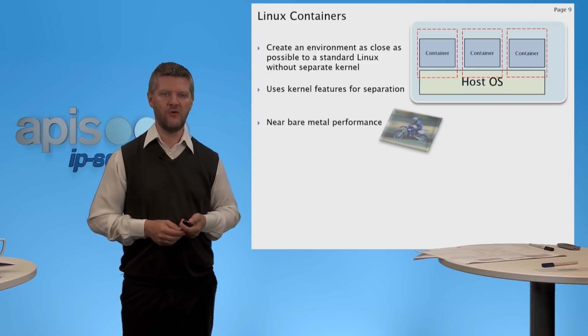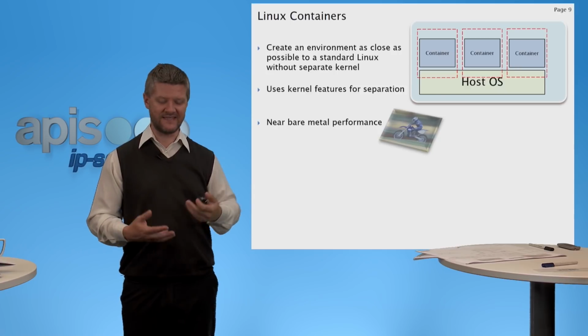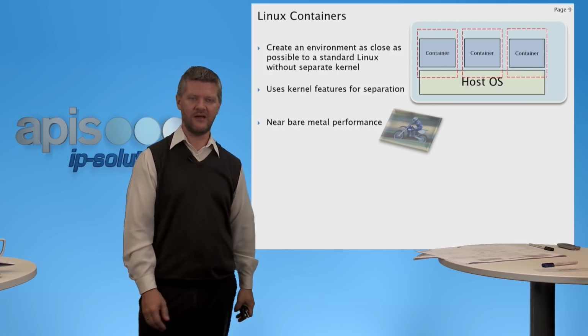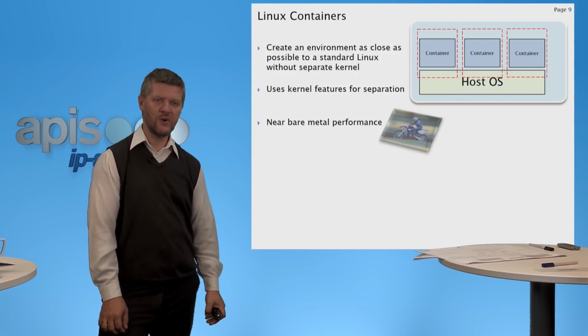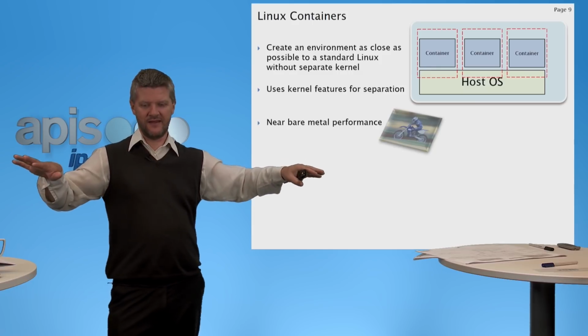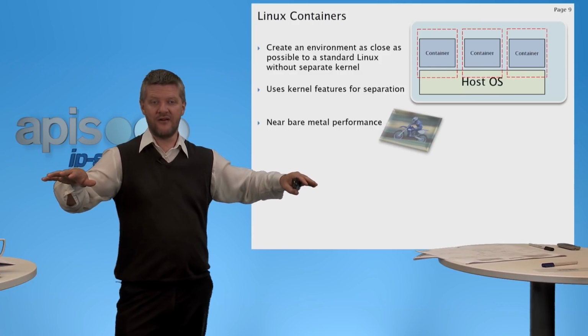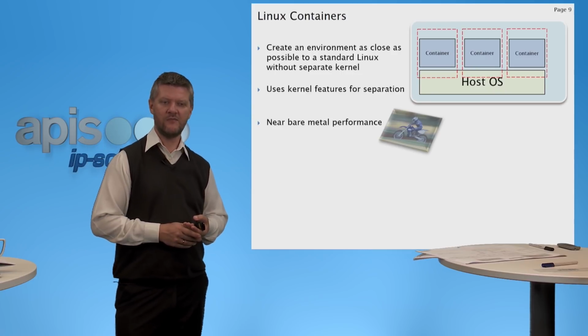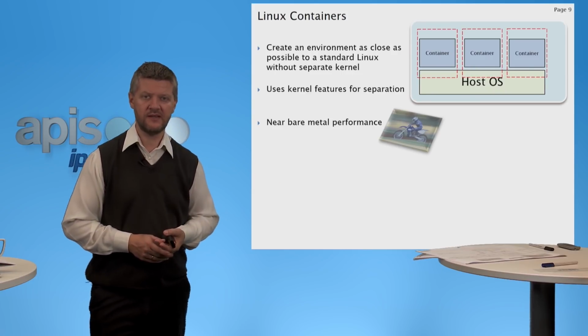Near bare metal performance. Bare metal is the physical hardware, the real CPU and NIC and hard drive essentially. So when we have a hypervisor, we do install an extra layer of abstraction that can add a little bit more processing time and so on.